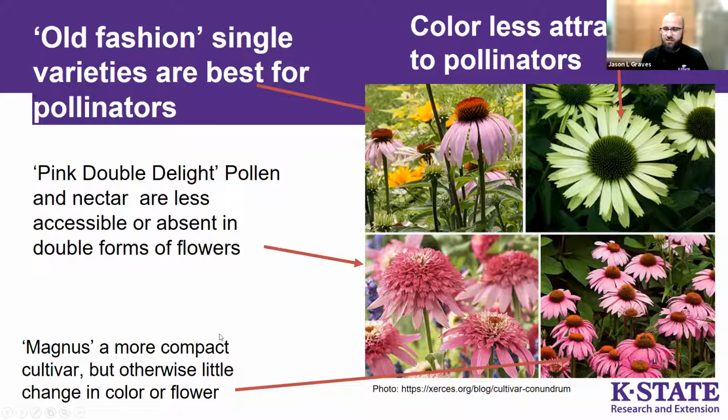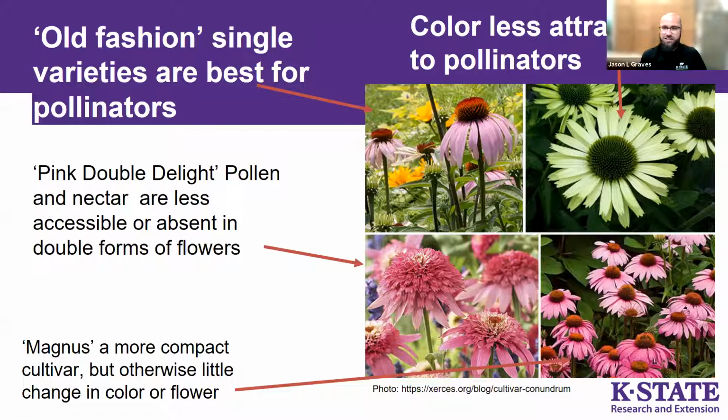Or in the case of this Double Delight variety, cultivated coneflower, it's not accessible to pollinators. So we're having an issue there where pollinators have a hard time getting access to the plant parts that make it effective as a pollinator plant.